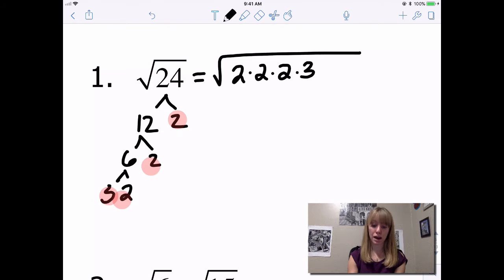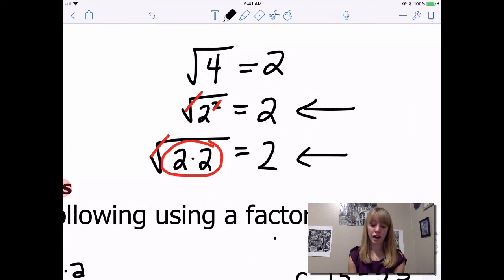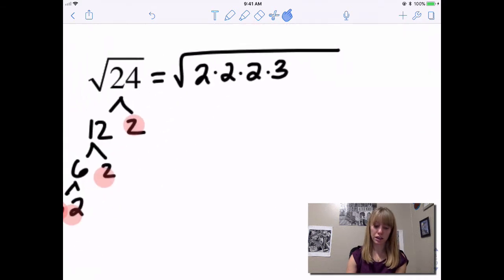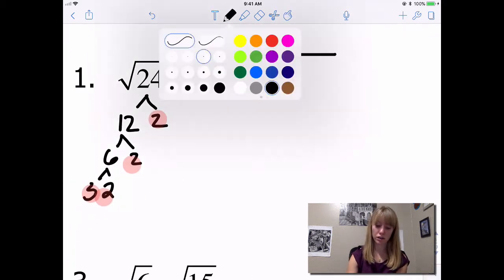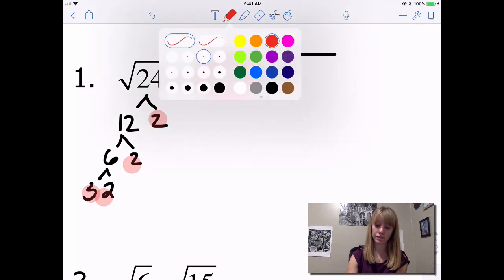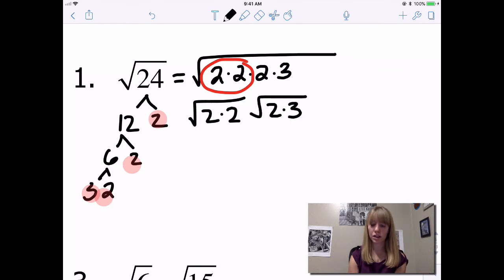Thinking all the way back to the very beginning, when I have a pair, when I have 2 of one number, they can undo the square root. So I can look and say I've got one pair right here, and I can rewrite this as 2 times 2 under a square root and 2 times 3 under another square root.